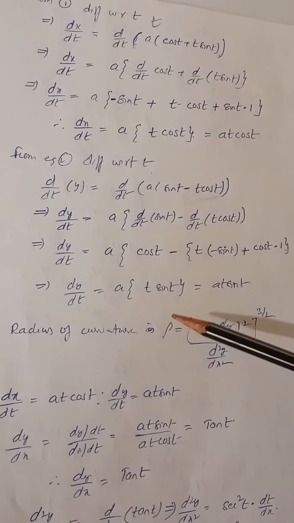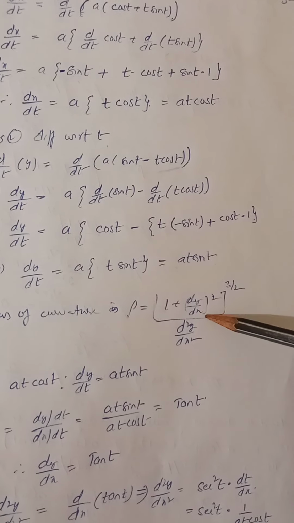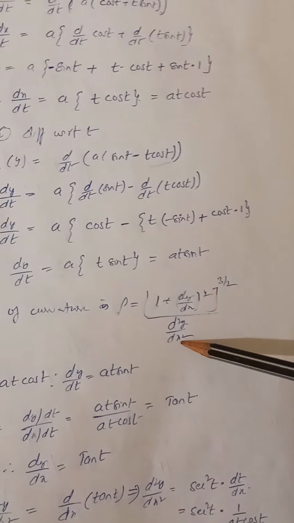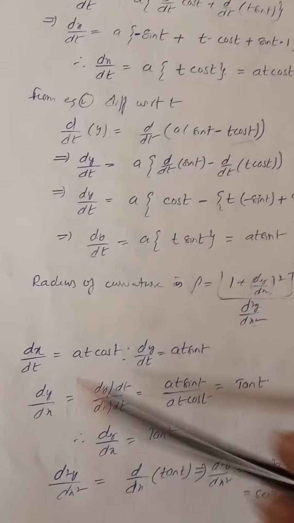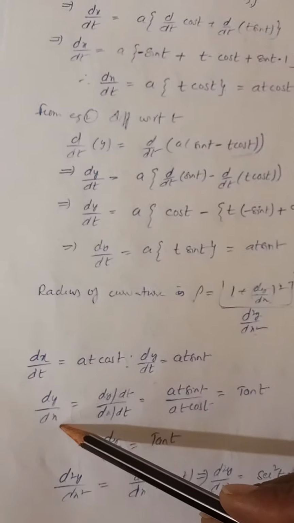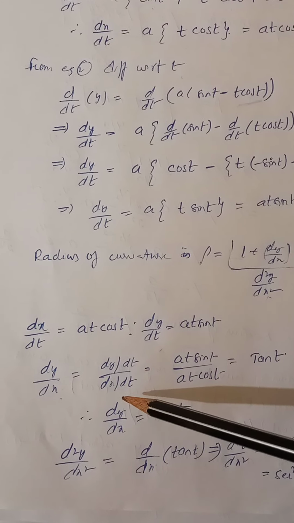Now radius of curvature, rho, is equal to (1 plus (dy by dx) whole square) whole to the power of 3 by 2, by d square y by dx square. Now we know dx by dt, we know dy by dt, but we need dy by dx actually. dy by dx is equal to dy by dt by dx by dt.